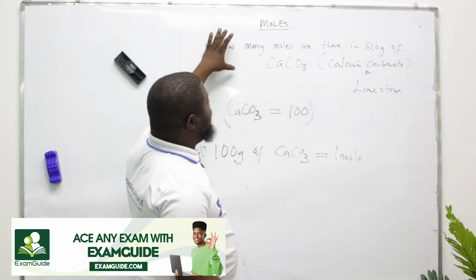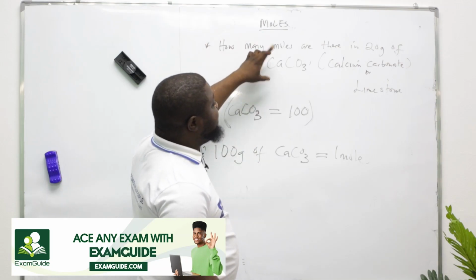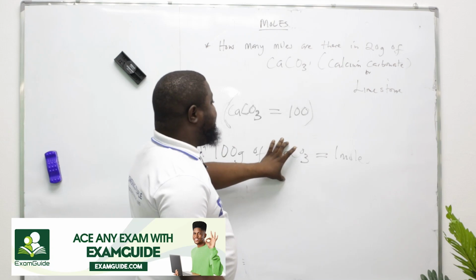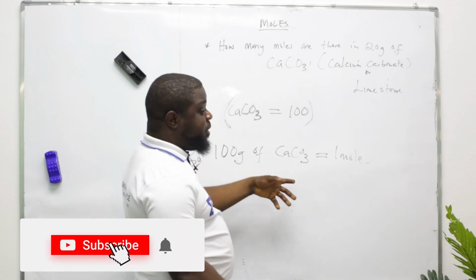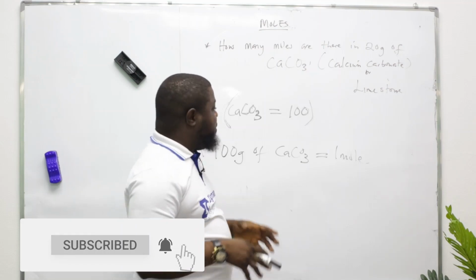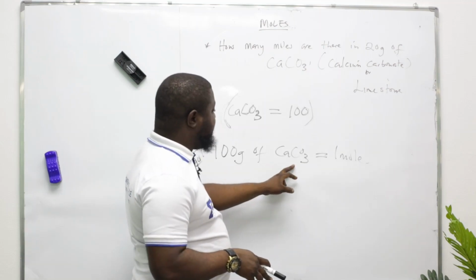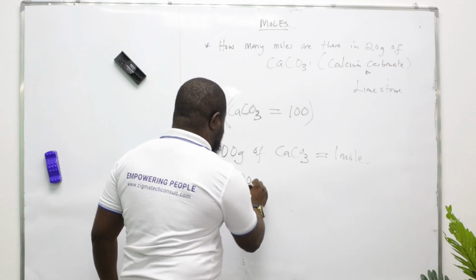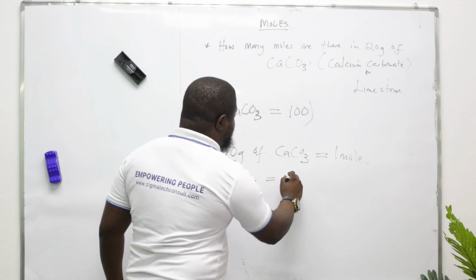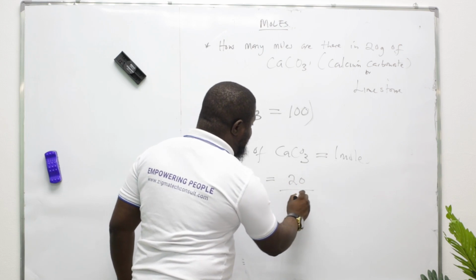If they give you a question like this that concerns the number of grams in a compound, the mass number of the compound becomes the number of grams. So in essence, 100 grams of this gives you 1 mole. Therefore, 20 grams will be equal to 20 divided by 100.